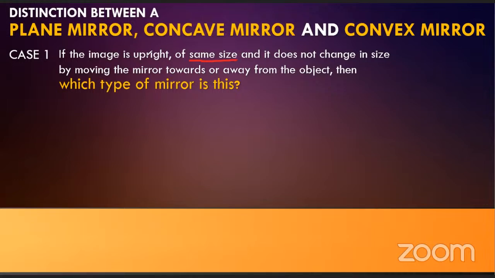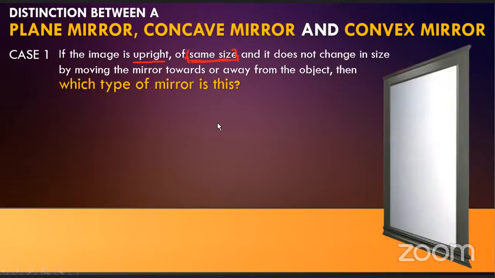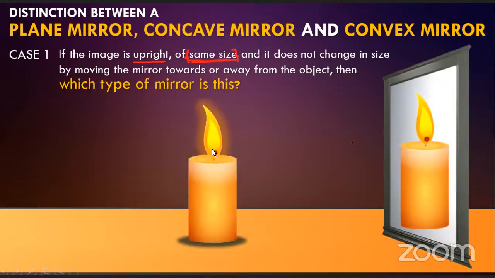It is a plane mirror, is it right? The image is upright, the same size, and does not change its size. In a convex mirror, the object and image sizes are not the same, but in a plane mirror, both are the same. So the answer is plane mirror. What is this?